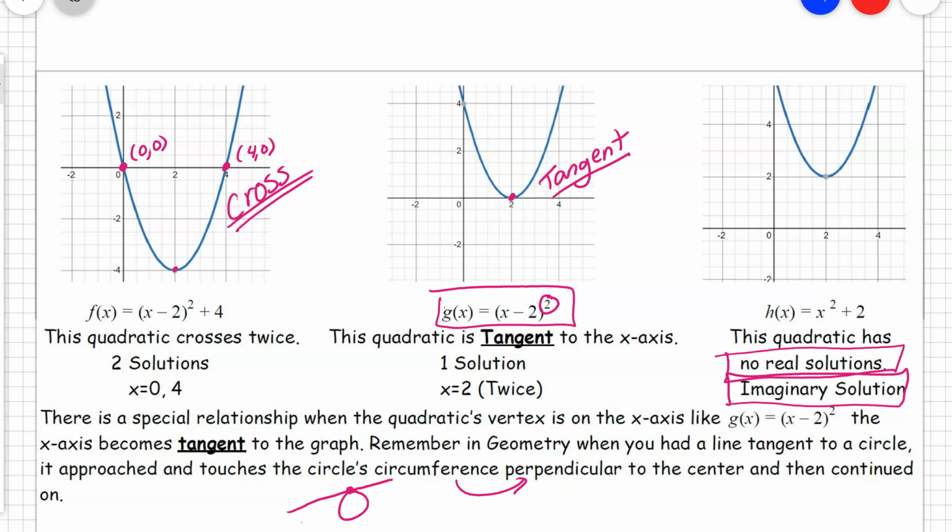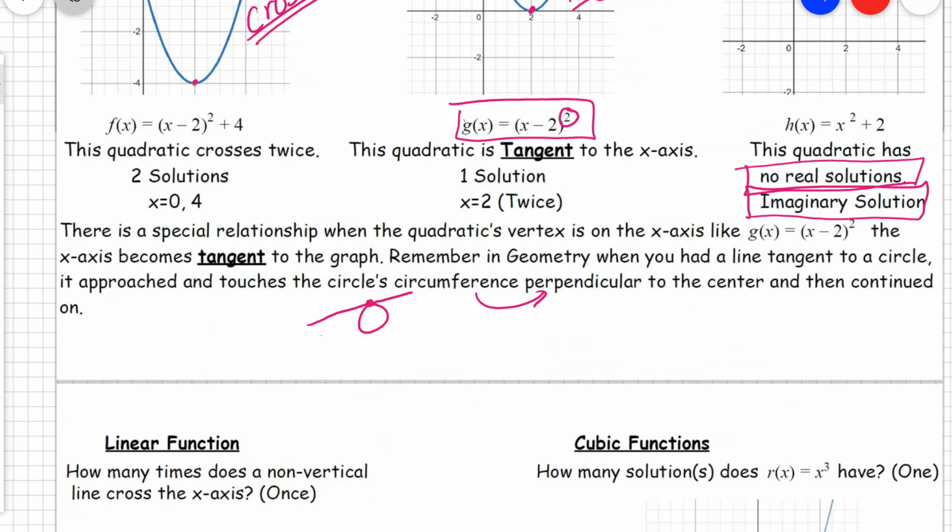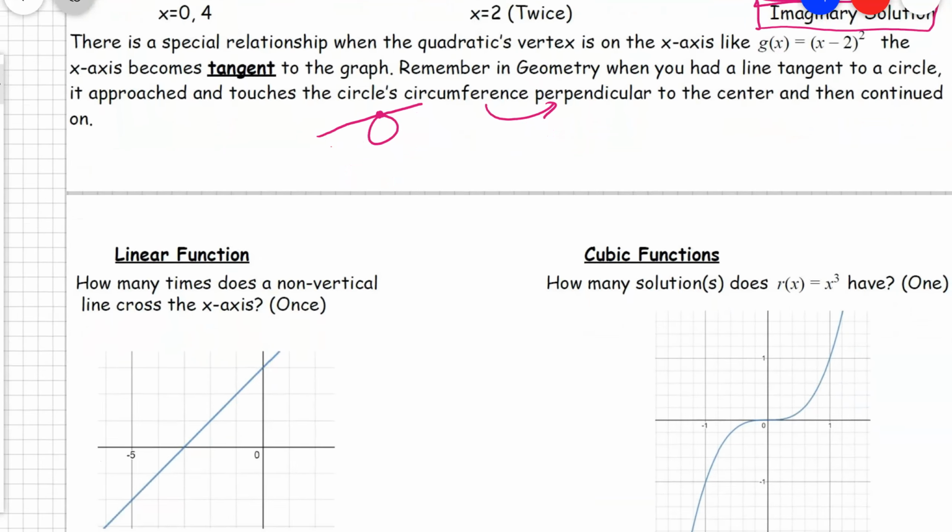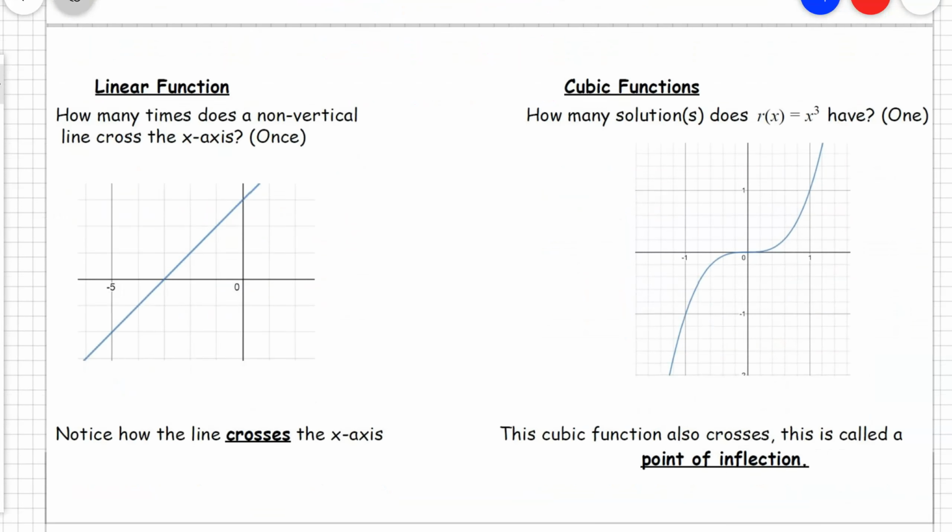So it would never cross. So that tangent is the same vocabulary word we're going to use here when we're talking about a parabola approaching the x-axis, touching, and then going back up. We're going to have two solutions there as well.